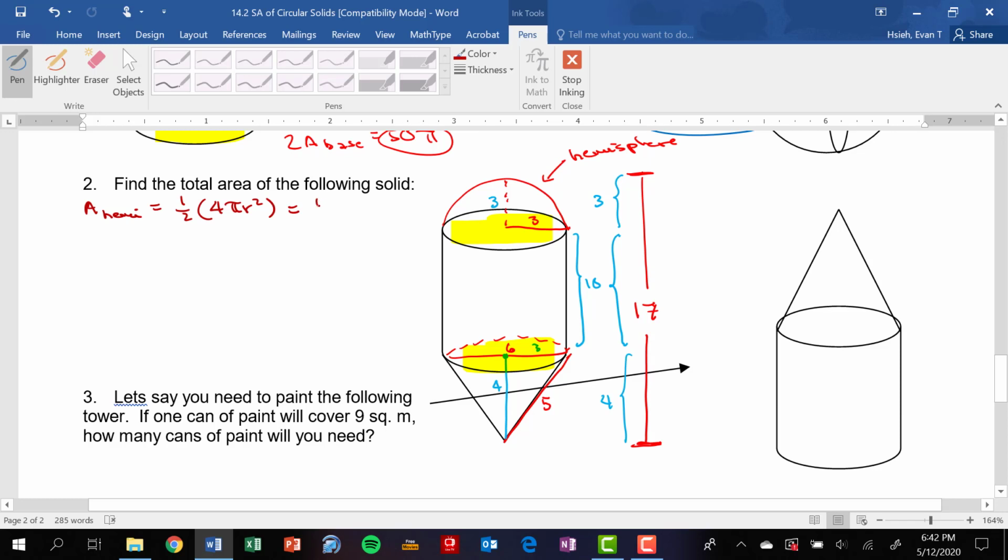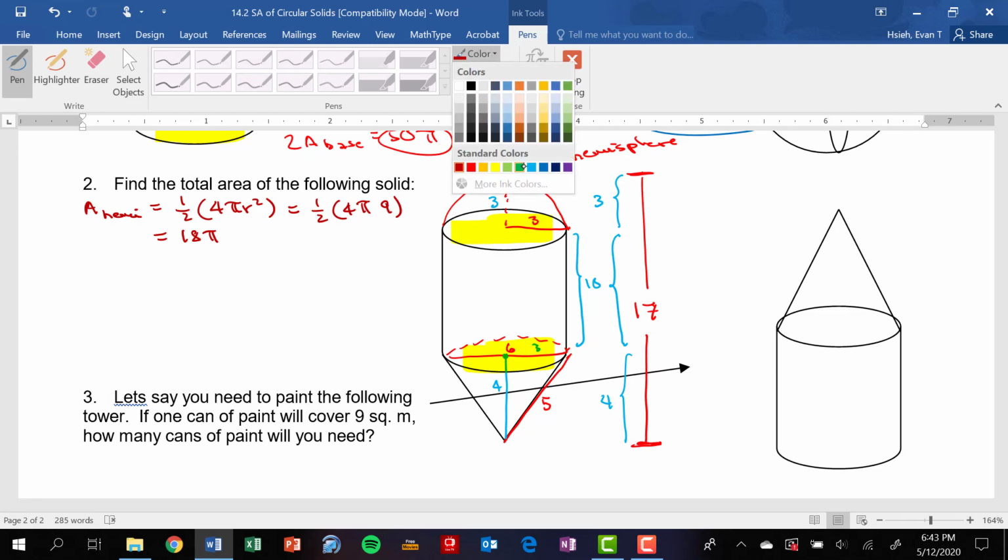And so it's going to be 1/2 of 4 times 9 pi, like this. And so the final answer to this portion of it would just be 18 pi. So that's going to be the surface area of the hemisphere.